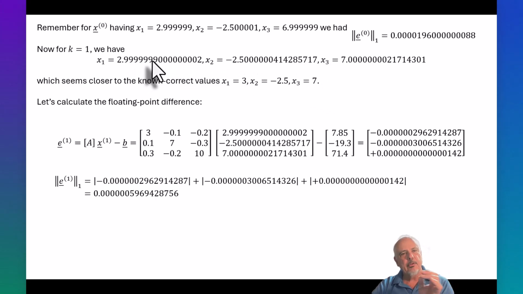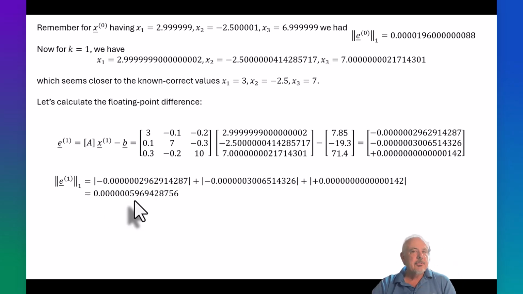But let's look at the k equal 1 iteration, what do our errors look like? So we bring in our matrix, we bring in that new proposed solution vector, and we get an error array that looks like that. And when we take the 1 norm of it, we get a 1 norm of the error that looks like that.